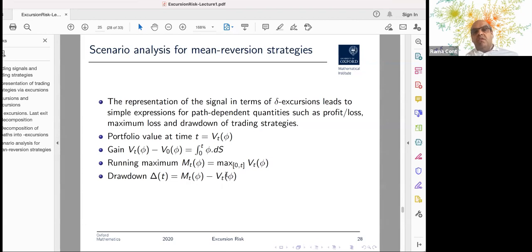So all these quantities are path-dependent quantities. The usual approach is you model the prices via some stochastic process, which can be a Markov process or something simple, and then you want to compute these things. But even if it's a simple one-dimensional Markov process, typically running maximum and drawdown are complicated things to compute. And the gain is a stochastic integral, but typically they're not very explicit things.